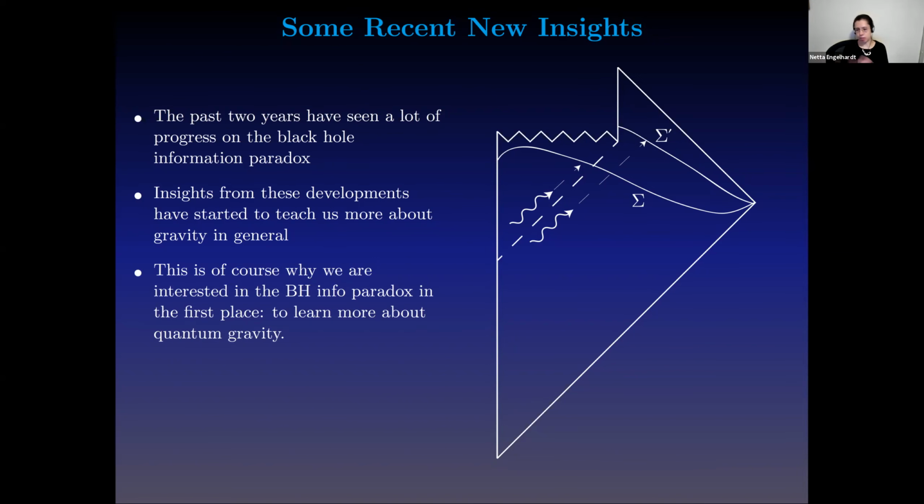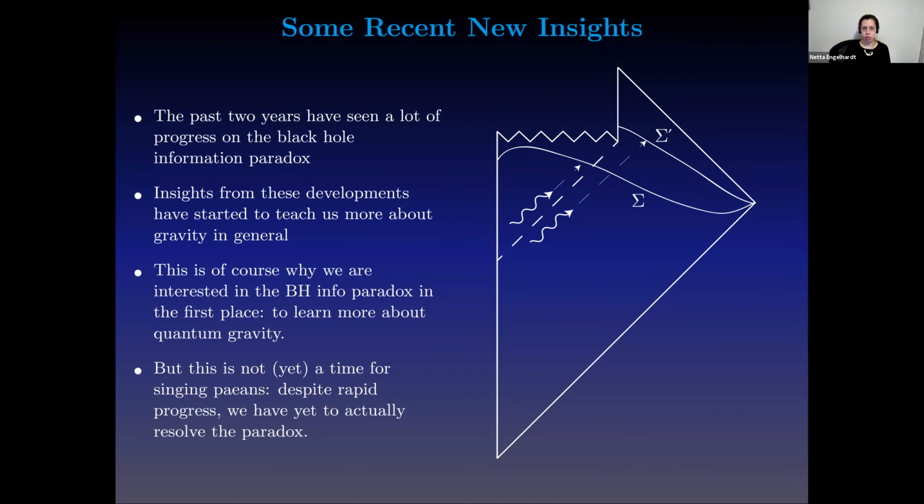Sure, it's a paradox, we want to resolve it, but it also has the potential to yield tremendous insights into quantum gravity. Now, a lot of talks, and some talks that I've given, are pushing in this direction of what kind of mileage we can get on quantum gravity from the recent developments on the black hole information front. This talk is going to be a little bit different.